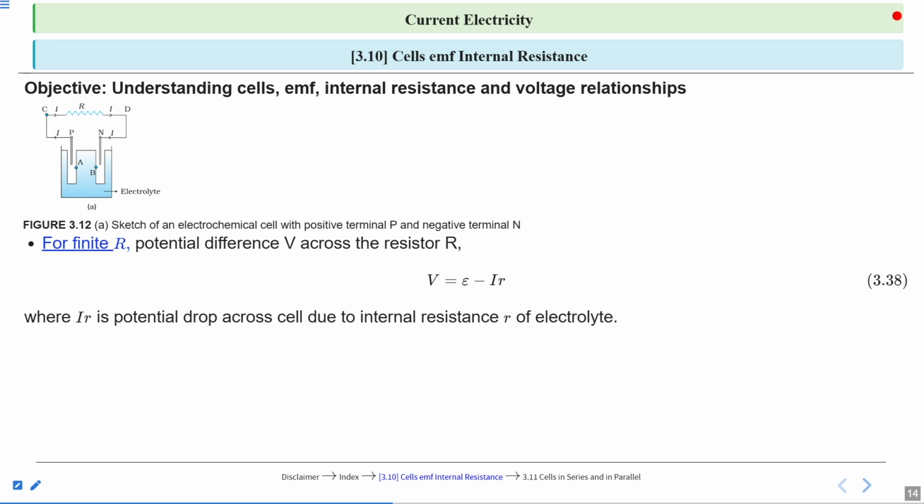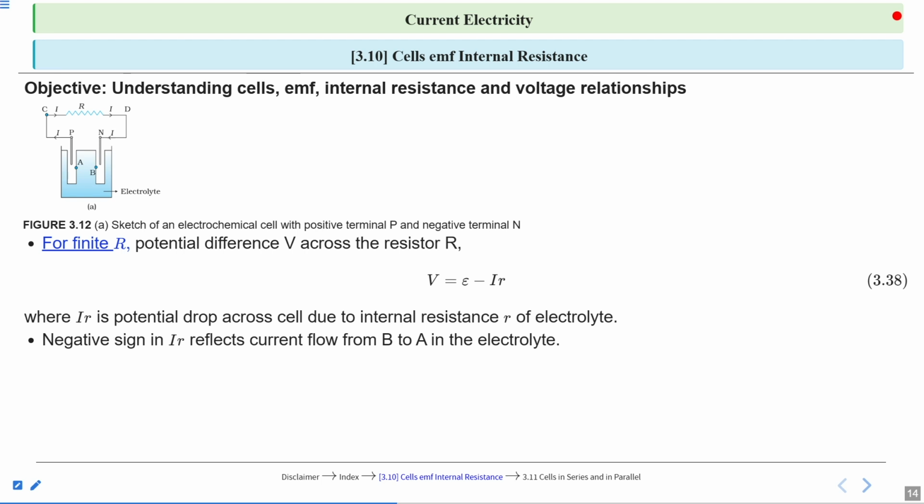So why is this negative sign there in E minus Ir? The negative sign in Ir reflects current flow from B to A in the electrolyte. In the outside circuit, current flows from the positive terminal to the negative terminal.